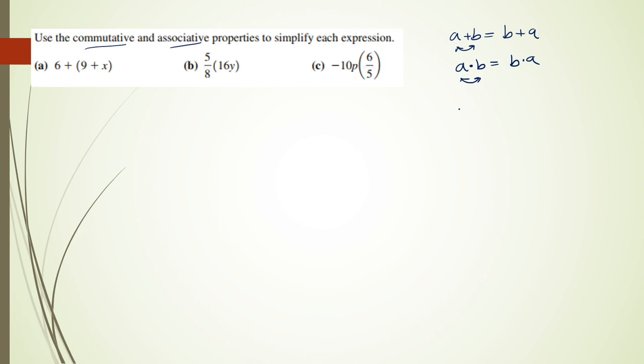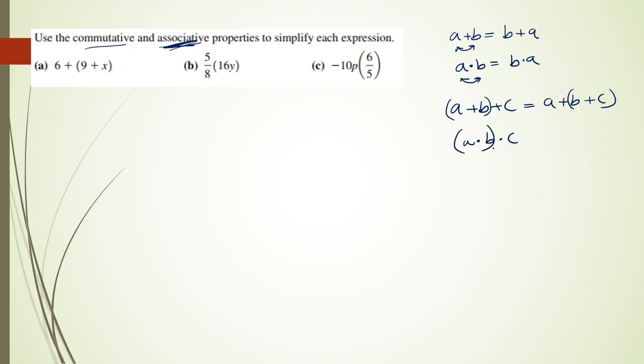The associative property is a similar property in the sense that we have multiple terms. I can add the first two together, then add C. It's the same as if I added the last two together, then add A. I would still get the same solution. So the associative property means we can move the parentheses around for certain operations such as addition, and it also works for multiplication as well.